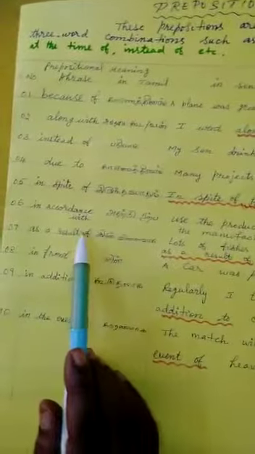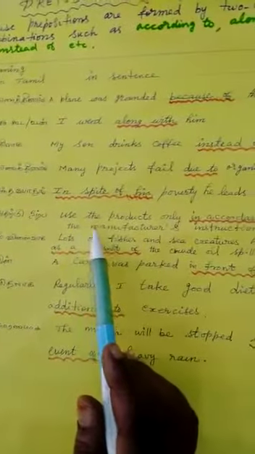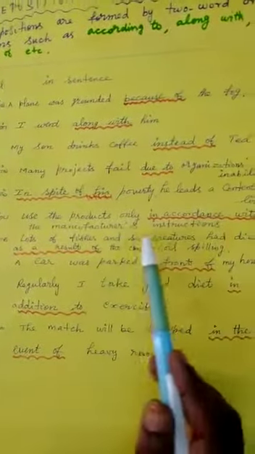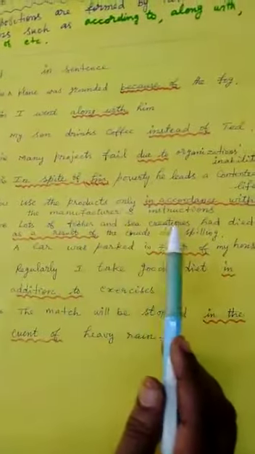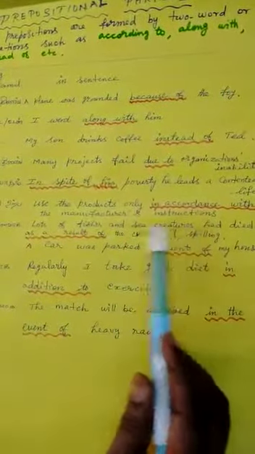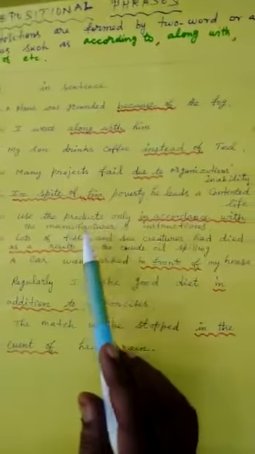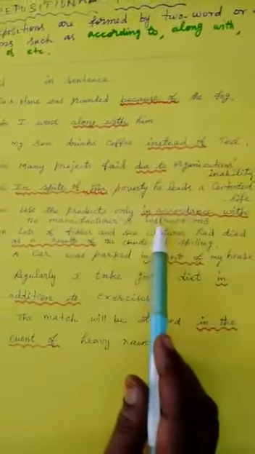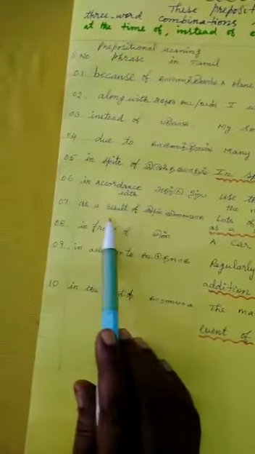In accordance with. We use the products only in accordance with the manufacturer's instructions. Without the manufacturer's instructions, we should not use the products. Next, as a result of.